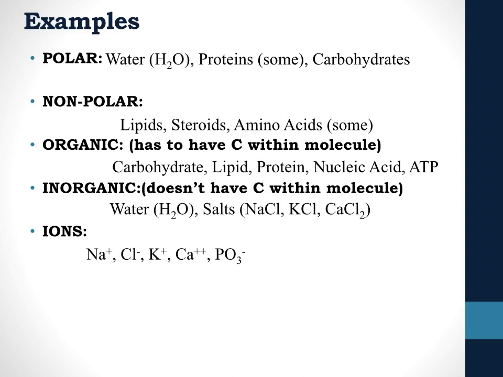The non-organics are things that don't have carbon in them, and for our body, the most important ones are water, and then salts, in particular sodium chloride, potassium chloride, calcium chloride. We can add some phosphates in here: calcium phosphate, which we call hydroxyapatite.